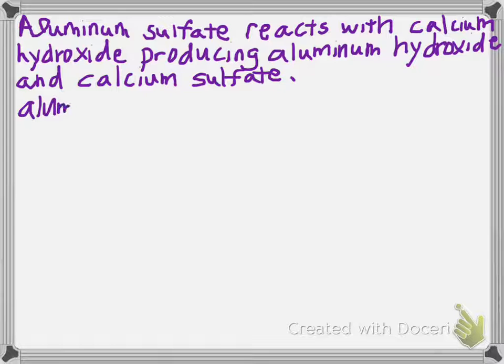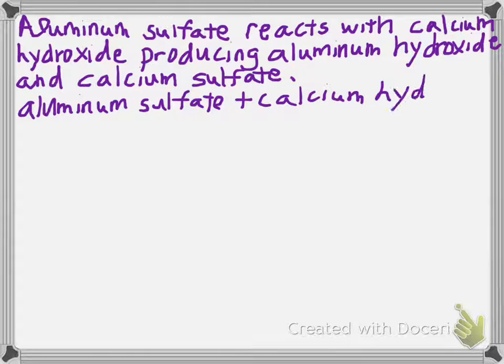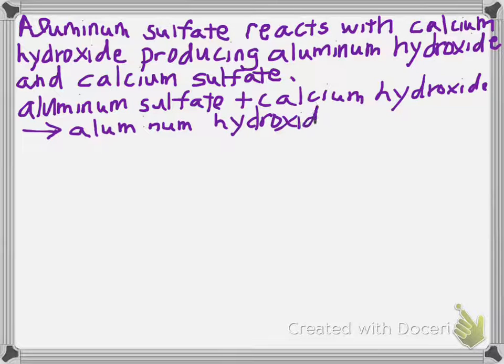So I have aluminum sulfate, reacts with becomes plus, calcium hydroxide, producing becomes arrow, aluminum hydroxide plus calcium sulfate. Okay, so that's our word equation.